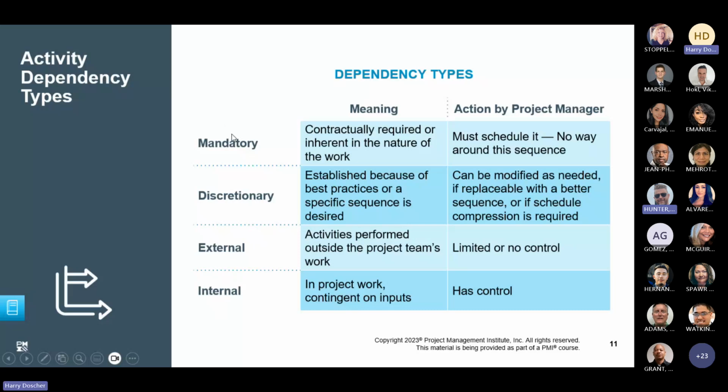Any mandatory dependencies, like having to get permits, things like that, from a government entity, you've got to schedule it. You need to have everything like that in line first, before you can start any work. Otherwise, they'll shut you down.